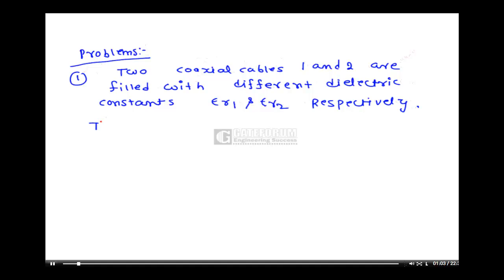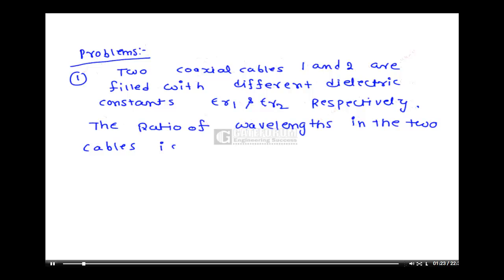The ratio of wavelengths in the two cables, lambda 1 by lambda 2, is equal to how much?